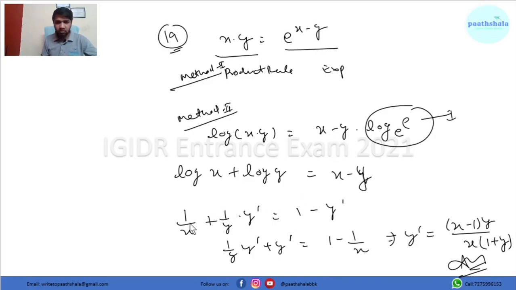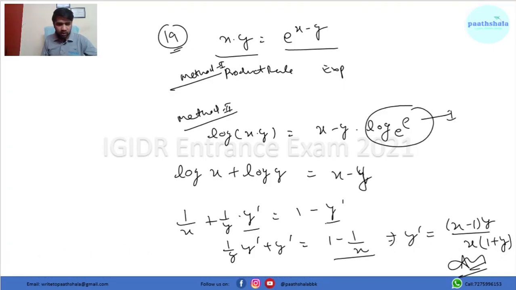So the differentiation of log x is 1 by x, and the differentiation of log y will be 1 upon y dot y dash, and here the differentiation of x minus y will be 1 minus y dash. Now let's take all the y dash terms on the left hand side, and shift 1 by x to the right hand side. On solving this, you will get the answer. Okay, so this is the thing.